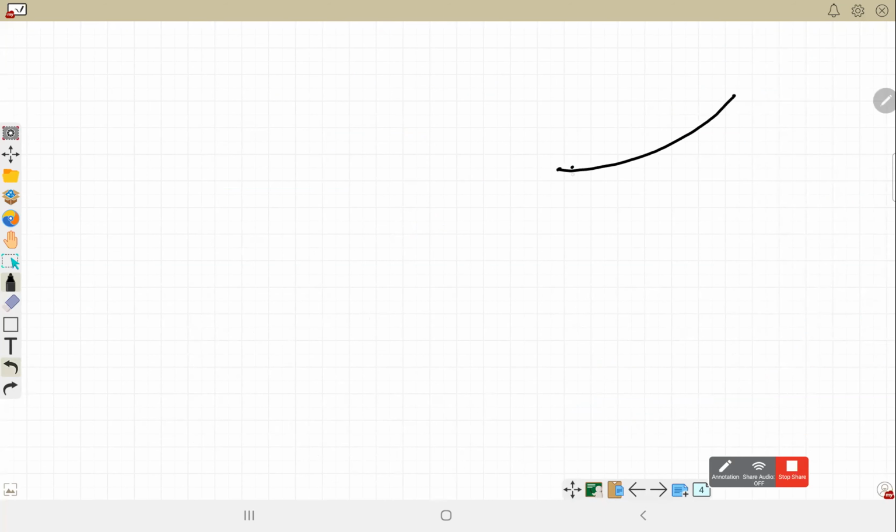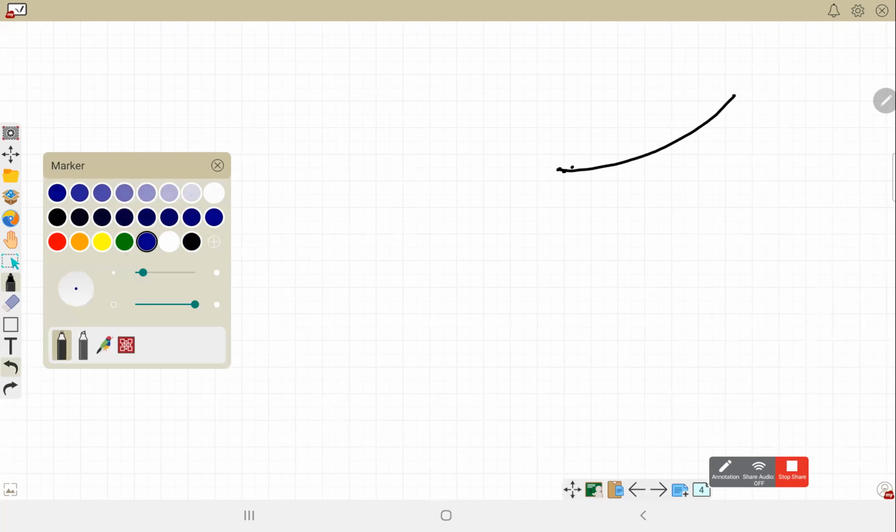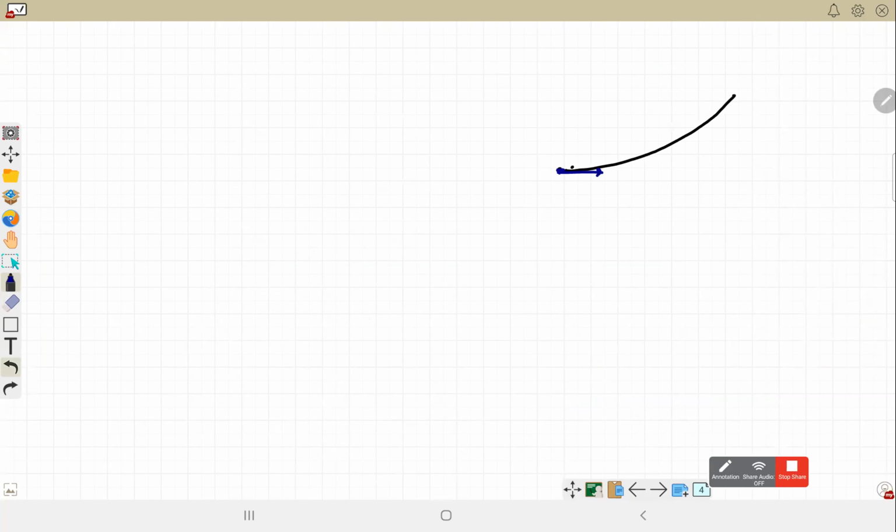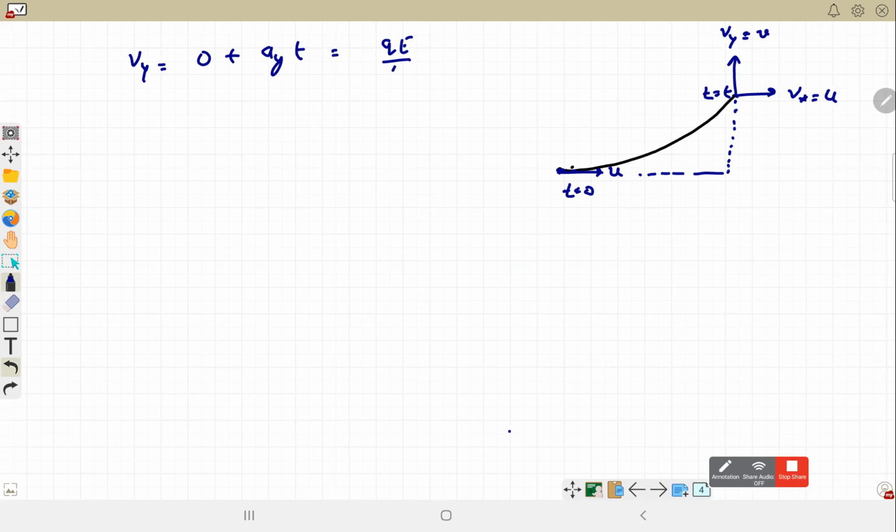Okay, so now when this particle comes out here, it has two velocities. Initially it has only u, there was no y component. X direction final velocity is u. Y direction final velocity we have to calculate in time t. Y direction velocity v is equal to u plus a times t, and a is qE by m.